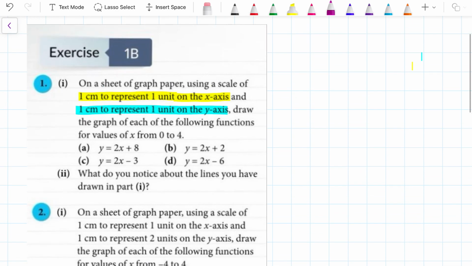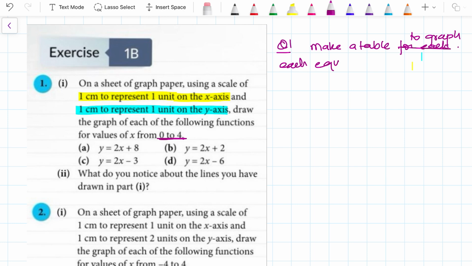Now, draw the graph of each of the following functions for values of x from 0 to 4. What is the procedure of making the graph? Number one thing is that you have to make a table for each, to graph each equation of line.